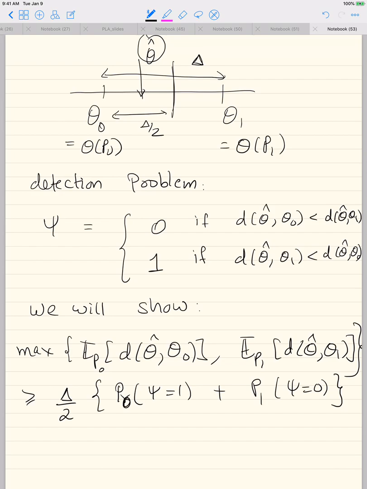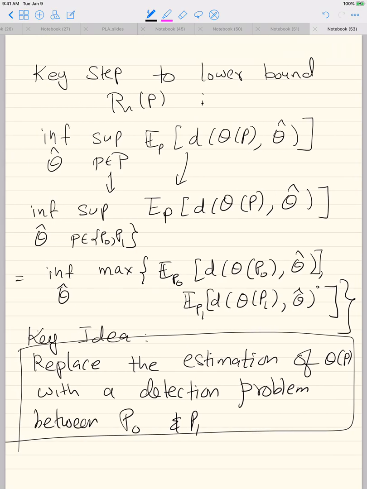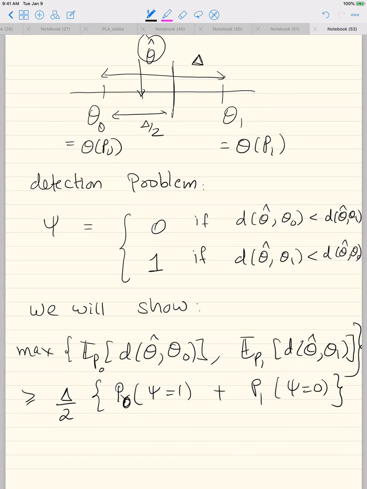So the metric that we cared about in the minimax risk lower bound is lower bounded by the probability of error we make in the decision of ψ when 0 is the true hypothesis, plus the probability that we make an error when 1 is the true distribution. This is just the Bayesian error probability, and then we will be able to find the optimal decision rule for this, and this will give us the overall lower bound. So this is the trick, and we'll discuss this next lecture.